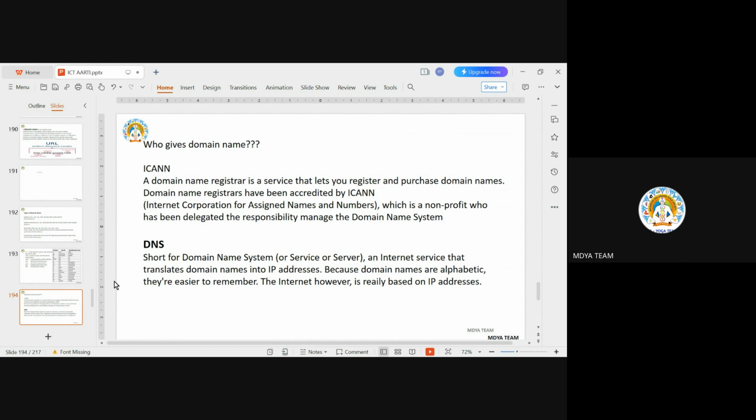Okay. What is DNS? DNS is the Domain Name System. It gives us a service; it works as a server. How?